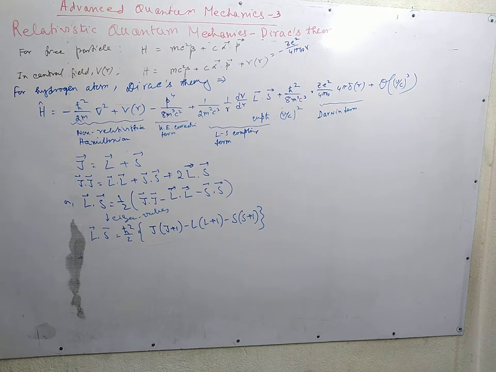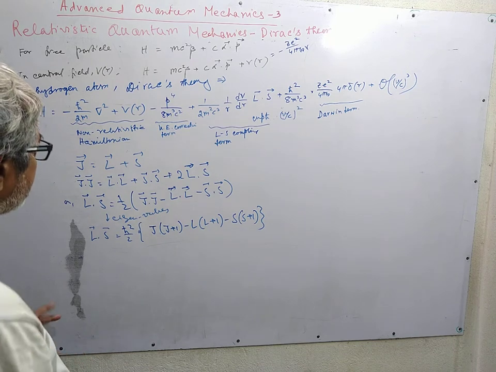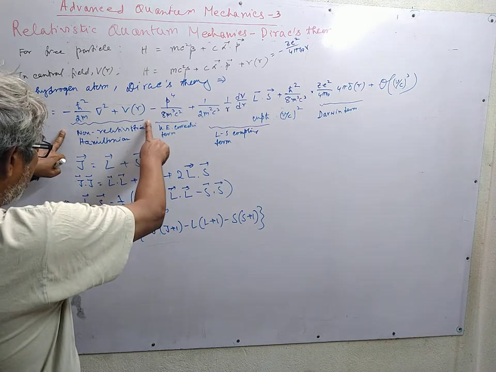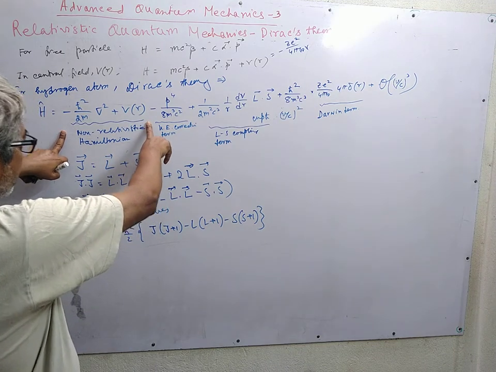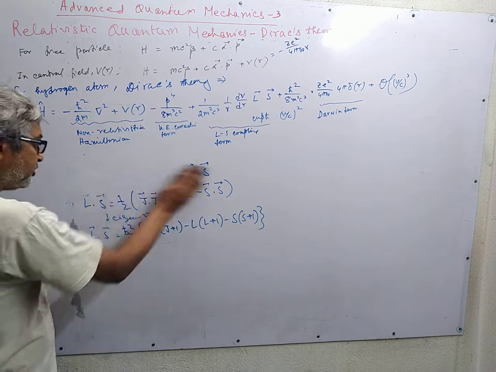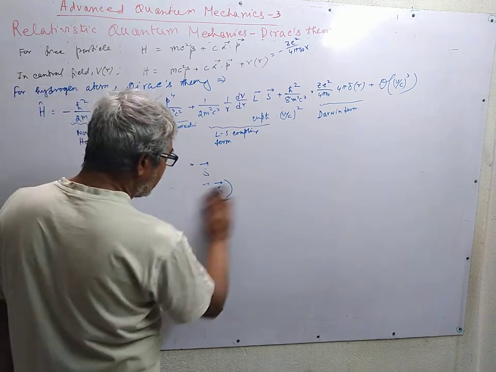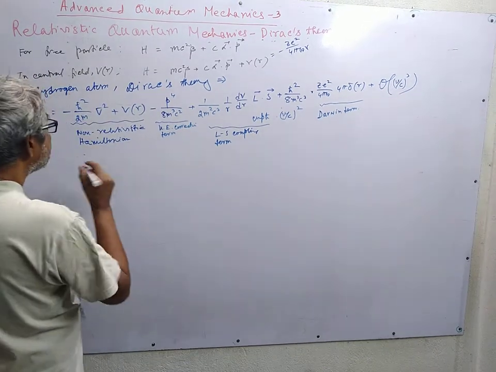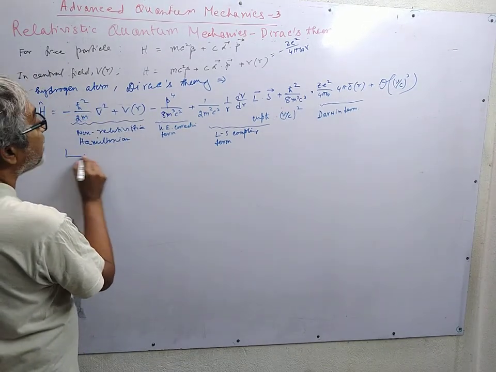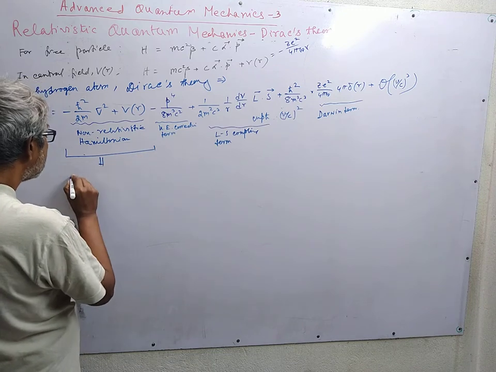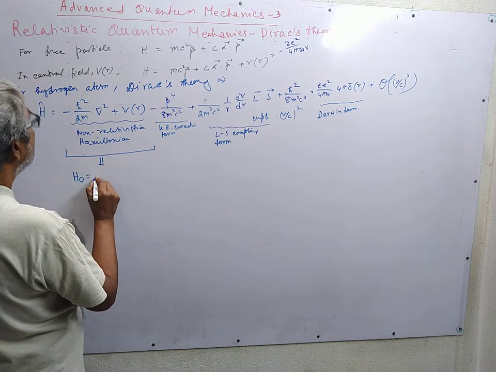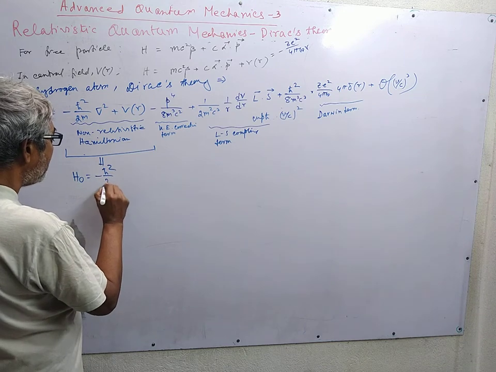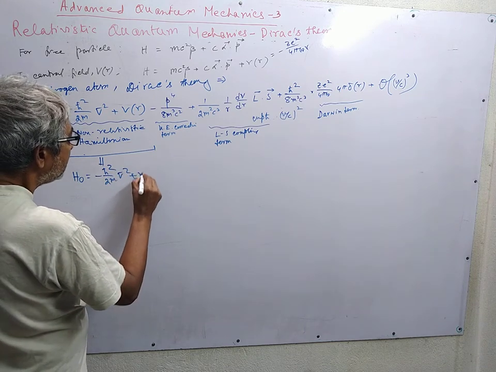We could find out the energy values by using perturbation technique. One way of getting the result is perturbation theory. If we consider this part of the Hamiltonian to be exactly solvable, then it gives the energy as we obtained in Bohr's theory or in the Schrödinger picture. This is known as the Hamiltonian H0, minus h cross square by 2m del square plus V of r.